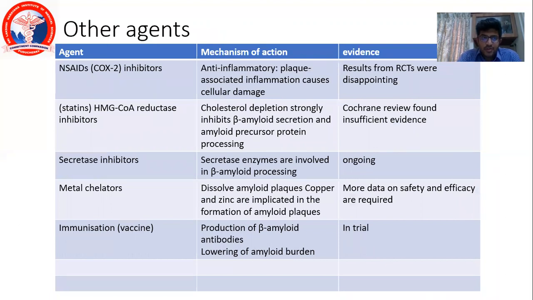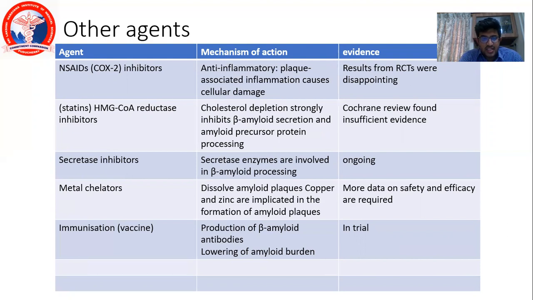Other agents that can be used include NSAIDs, as some studies have reported that anti-inflammatory agents reduce inflammation and can cause some improvement in Alzheimer's disease, and also statins, HMG-CoA reductase inhibitors. The main mechanism of action is that cholesterol depletion strongly inhibits beta amyloid secretion in the APP process. But the evidence is insufficient. There are also secretase inhibitors, metal chelators, and vaccines. Vaccines are still on trial, and these are all under trial.